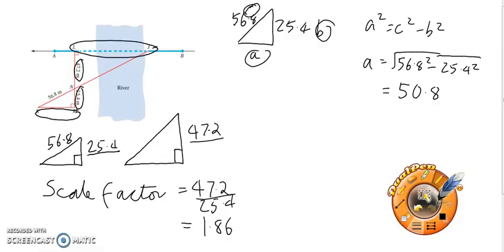So I know that this one here is 50.8, and we know that this one here is 1.86 bigger.